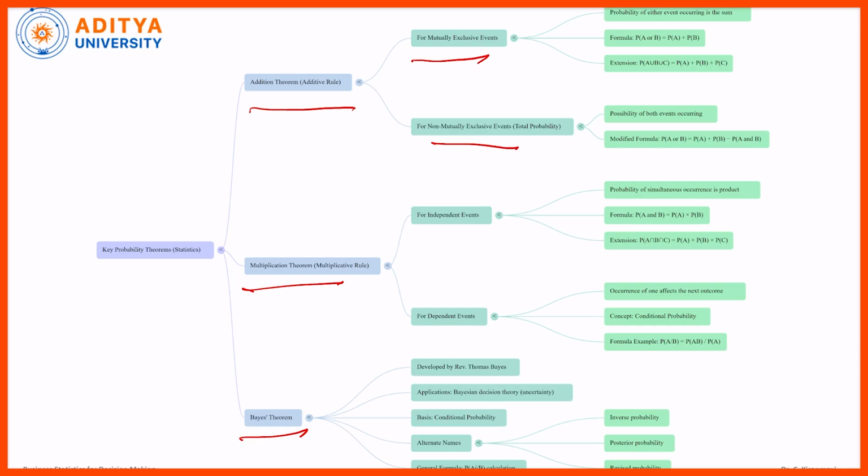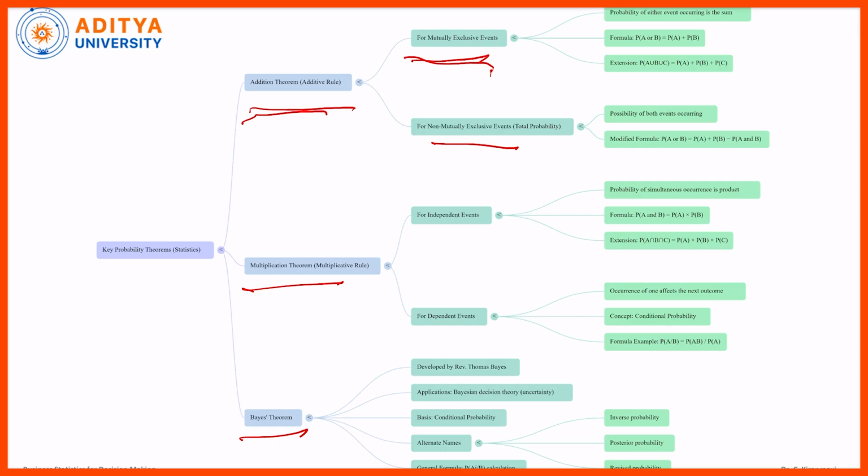When we are dealing with mutually exclusive events, that is, when one event happens the other does not, only one event happens, as with disjoint events. The addition theorem can be used for mutually exclusive or non-mutually exclusive events.